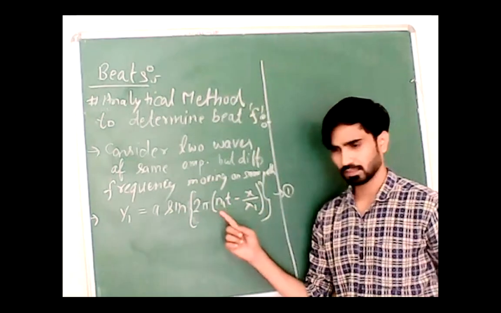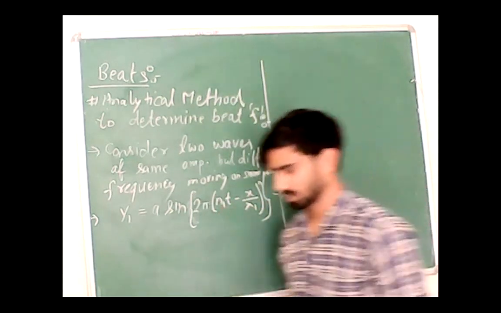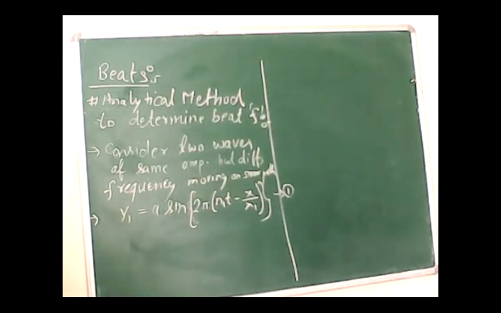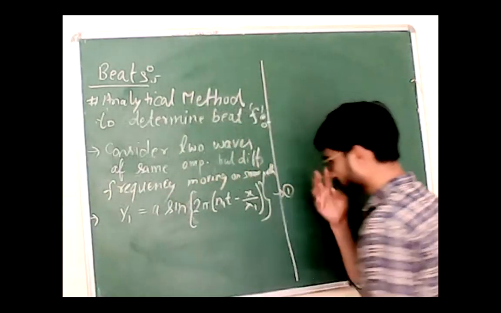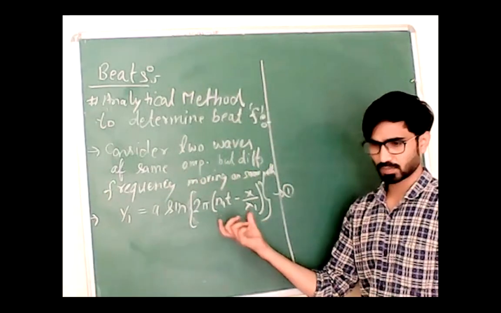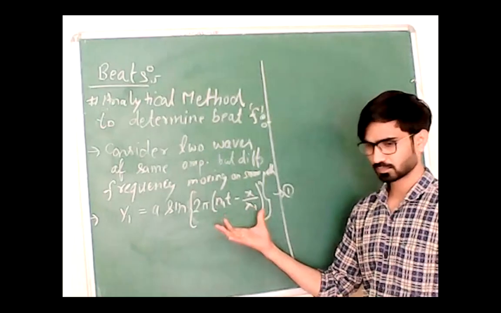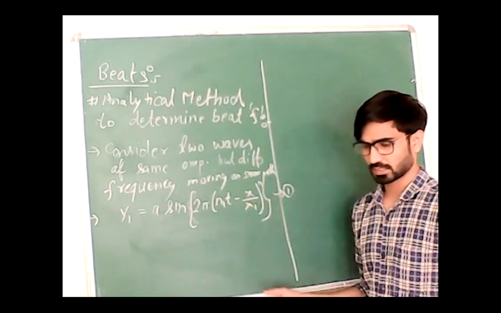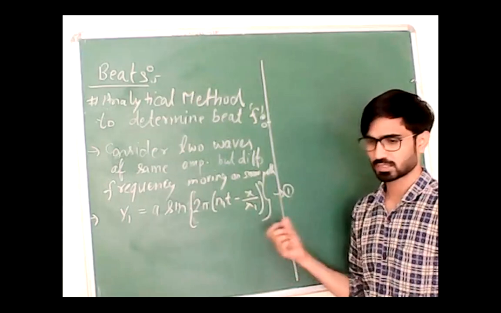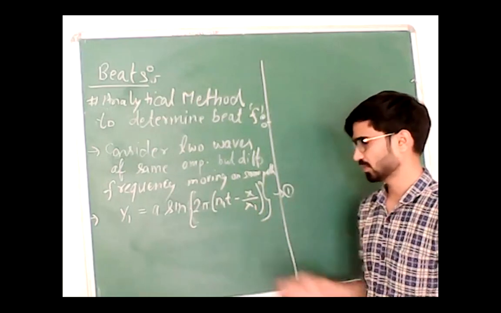Here we have taken a different frequency, the name of that frequency is n1. This expression we have already written in the previous section when we were studying stationary waves, so you are aware of this expression.